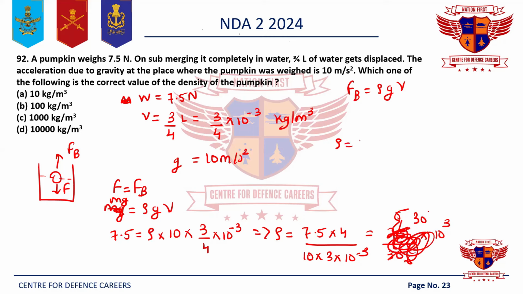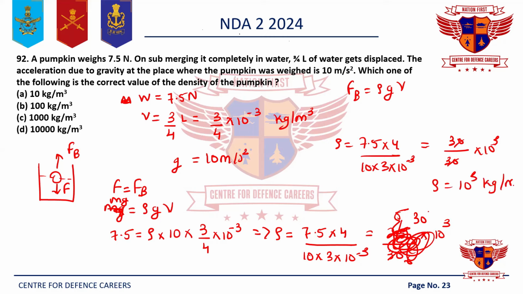Rho is equal to 7.5 into 4 divided by 10 into 3 into 10 raised to minus 3. So this will be 30 divided by 30 into 10 raised to 3. These two cancel out. So density is 10 raised to 3 kilogram per meter cube. And that will be option C. So you have to do calculations very carefully, otherwise very small mistakes can give you negative marks.